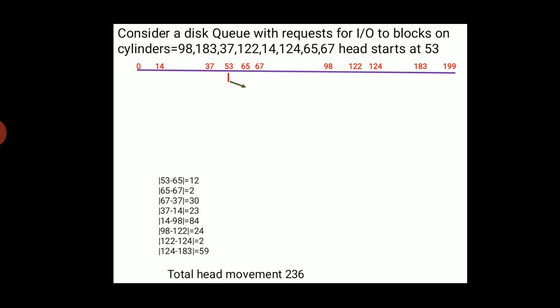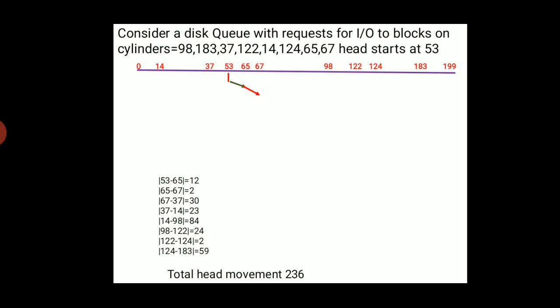Now 65 is the current position. From 65, the next request having minimum seek time is track 67. So the read-write head will move from location 65 to 67. Now the current position is 67.